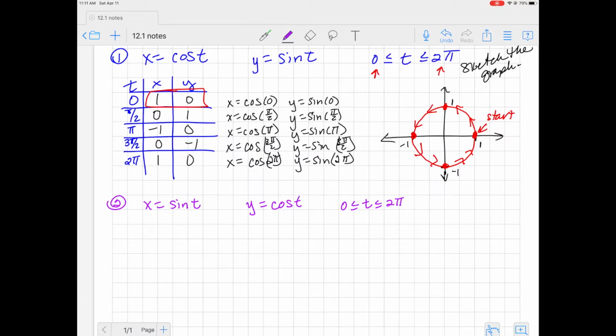Let's see how this affects our graph. So same thing, let's set up the chart here. I have my x and I have my y. And so t is going to be 0, pi over 2, pi, 3 pi over 2, and 2 pi.